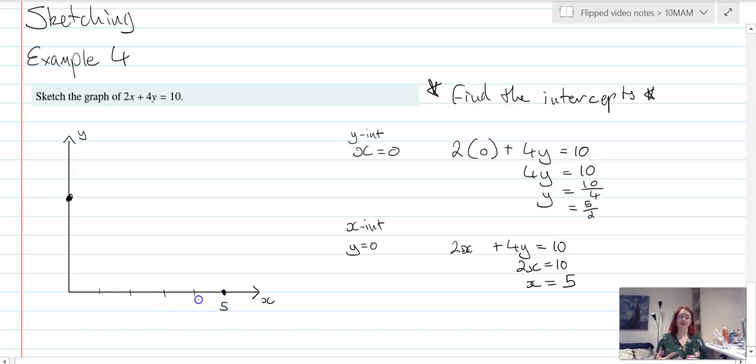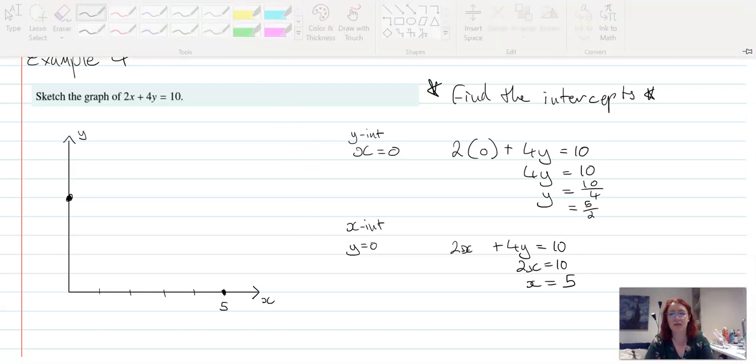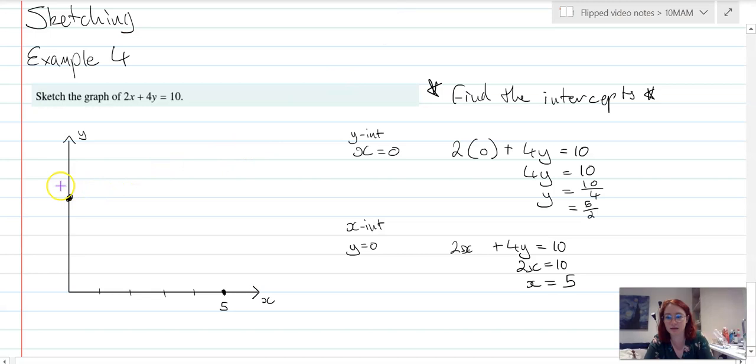And when you're sketching, it doesn't have to be exact. The neater you can get it, the better, but it doesn't have to be absolutely perfect. So let's sketch a line that's going to go through both these points roughly. Oh, if OneNote will let me do that. There we go, close enough.